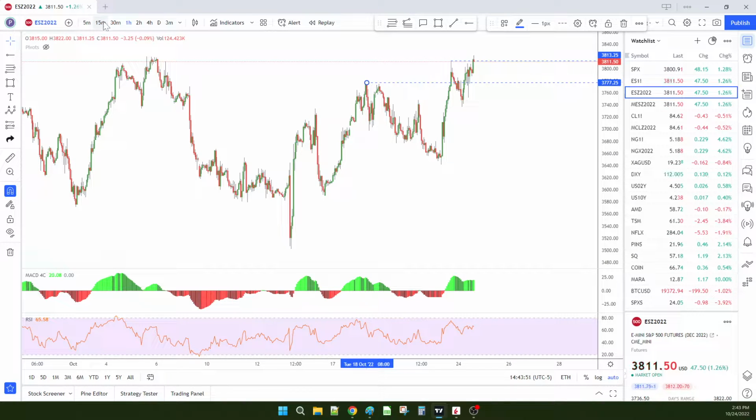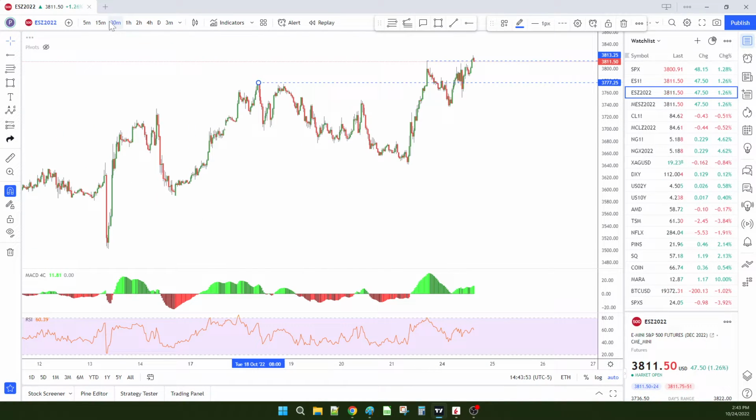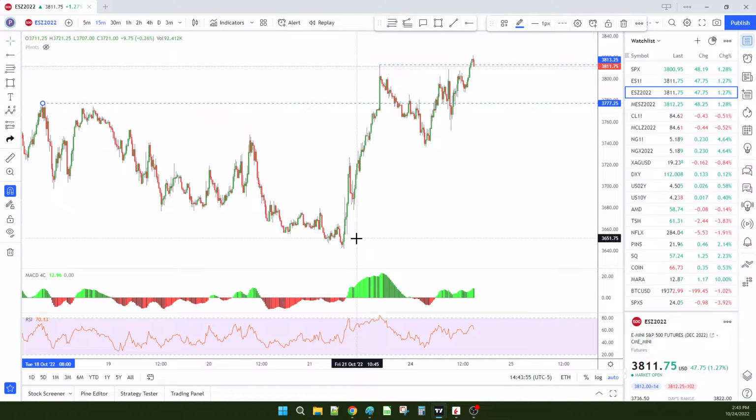So if we kind of break it down into, let's see, 30 minutes, and let's go down to 15 minutes, you probably got something like a 1, 2, 3 for your 1, then 1, 2, 3 for your 2. This could be another expanding diagonal or expanding flat here, but basically your 1, 2, 3.